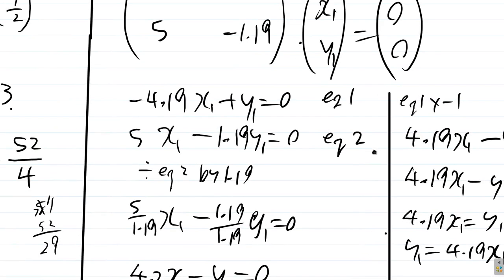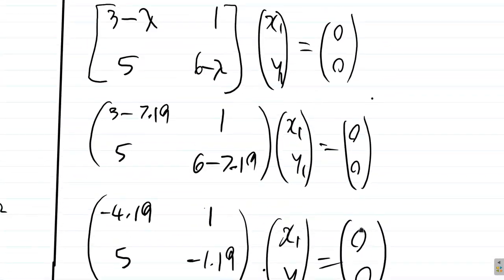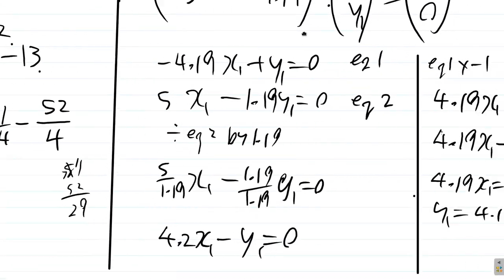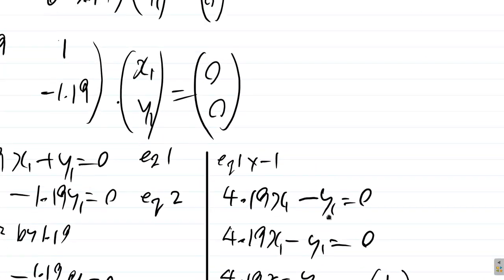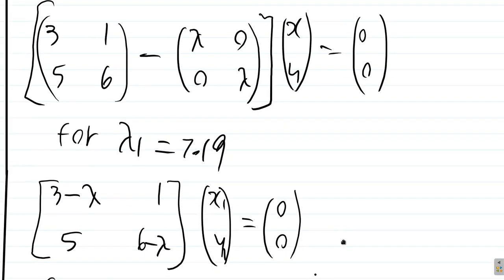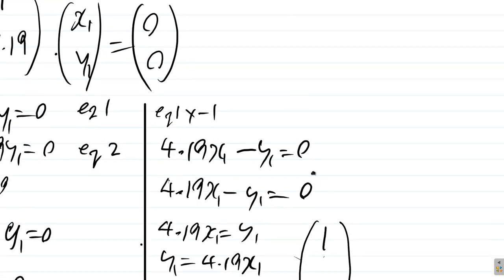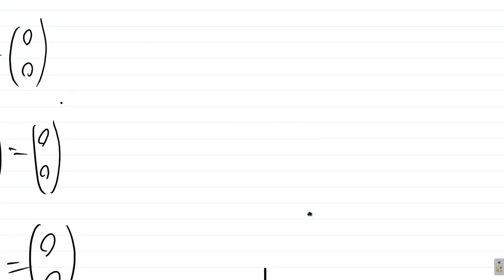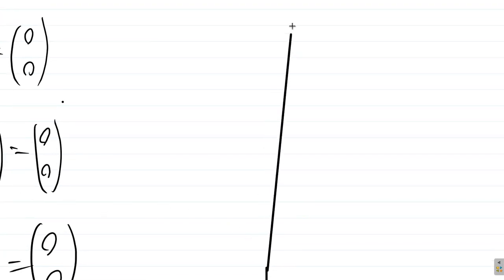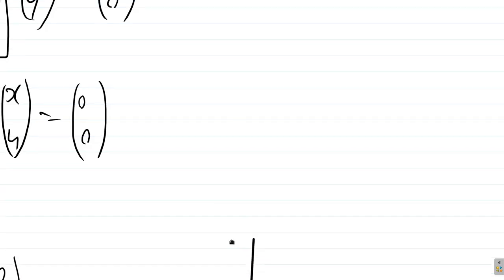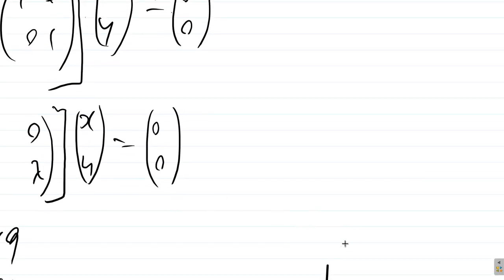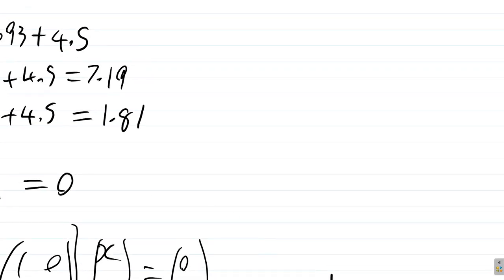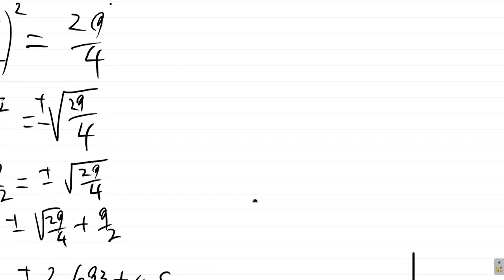So here, for lambda being 7.19, let's draw a line upwards from here and continue working, because we can't scroll down anymore. What else is going on here?